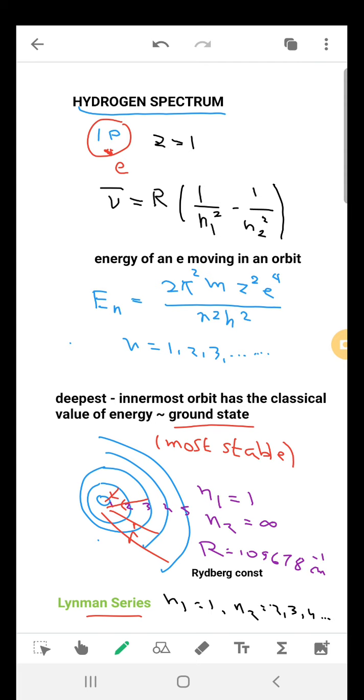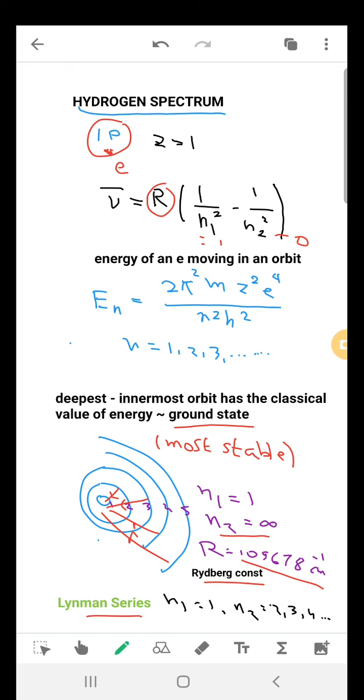Now if we take n2 equal to infinity, that means if we allow the electron to go out of the atom, then we get the value of R, the Rydberg's constant. If n is equal to infinity, this part will be equal to 0 and we get R equal to 109,687 centimeter inverse. It's called the Rydberg's constant.